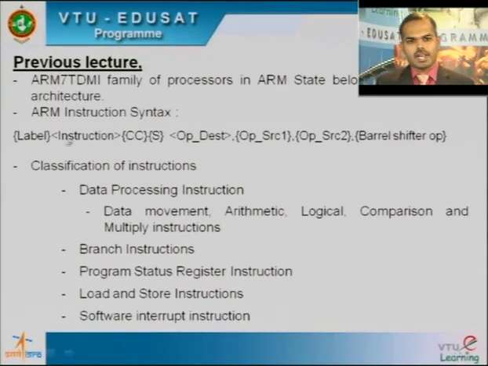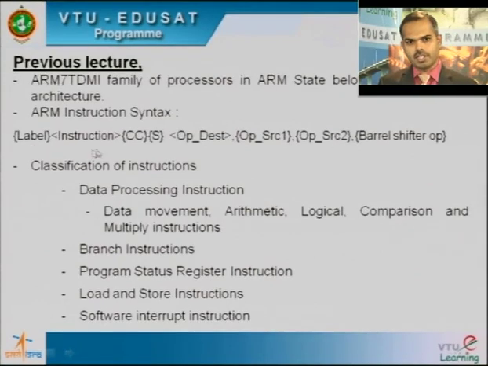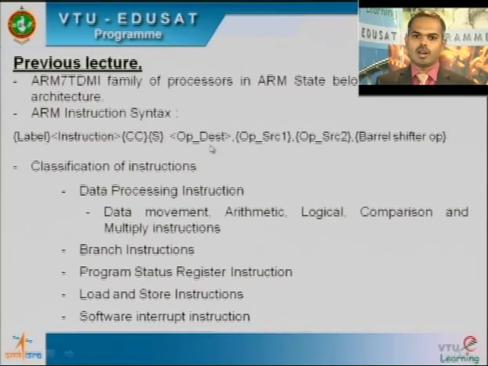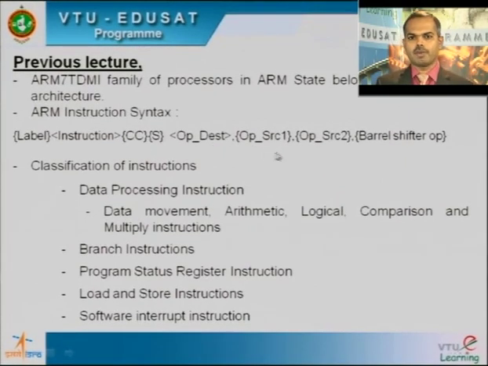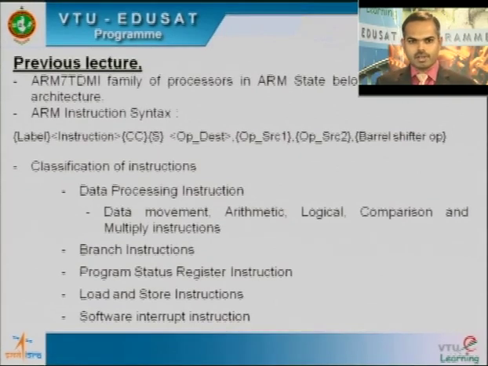The ARM instruction syntax goes like this: label, instruction, condition code, S for updating CPSR, destination operand, source operand 1, source operand 2, and barrel shifter operations. The details mentioned in the curly brackets are optional.